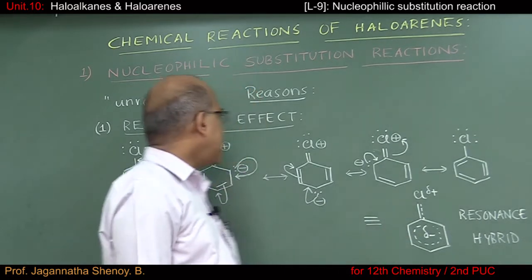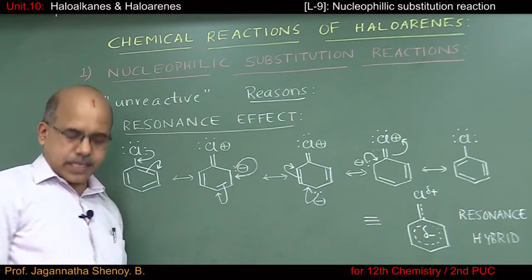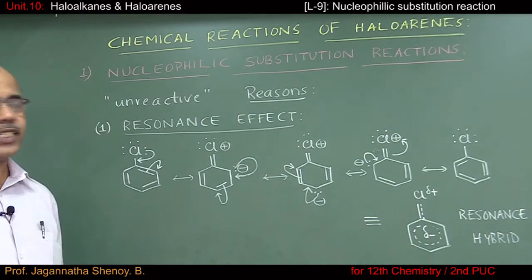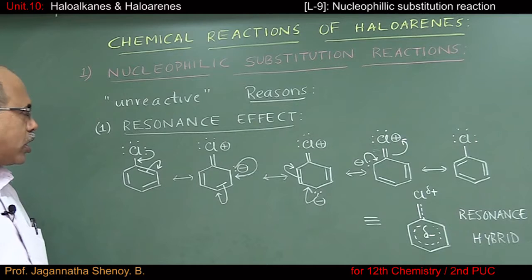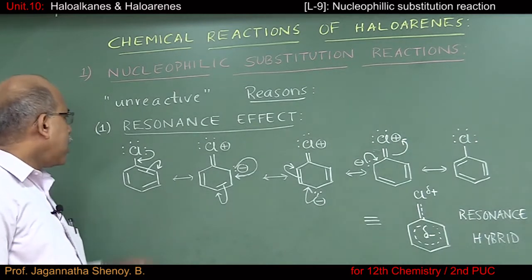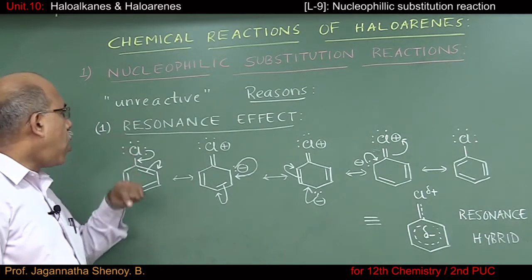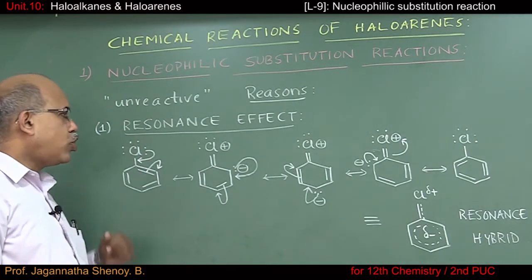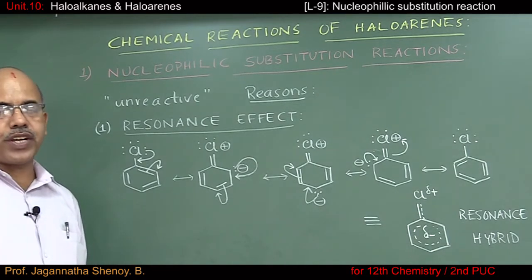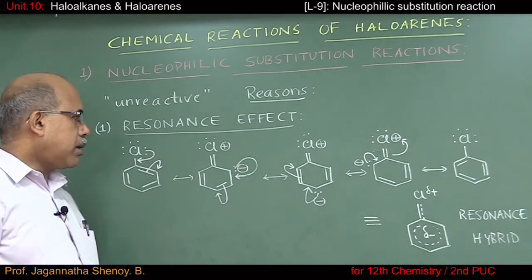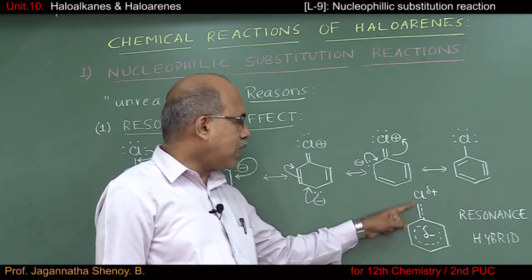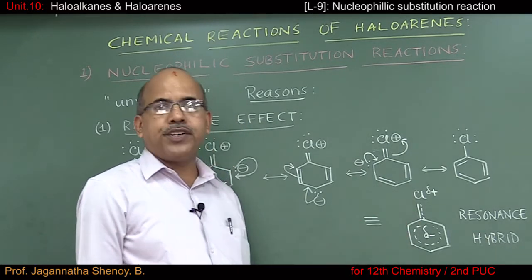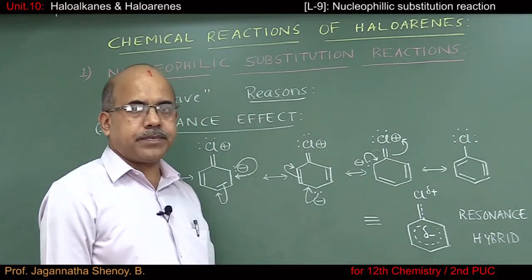It's for this reason that haloarenes are unreactive towards nucleophilic substitution reactions. In short, the unreactivity of haloarenes towards nucleophilic substitution reaction is due to the partial double bond character of halogen carbon bond due to resonance.